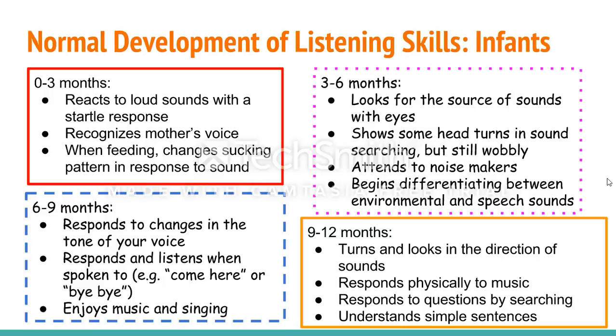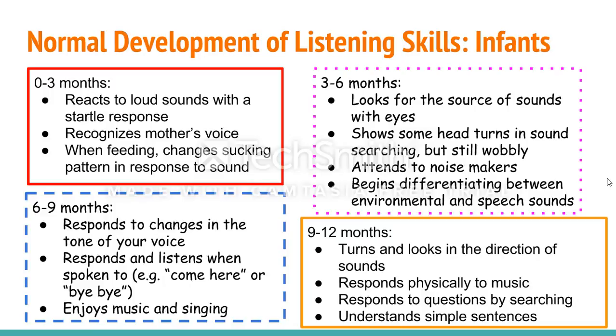From 3 to 6 months, your infant looks for the source of sounds with eyes. Shows some head turns and sound searching, but still wobbly, so it will look like a rudimentary head turn with no full control of the movements. Attends to noise makers. Most babies will enjoy the sound of musical toys, such as bells or rattles.